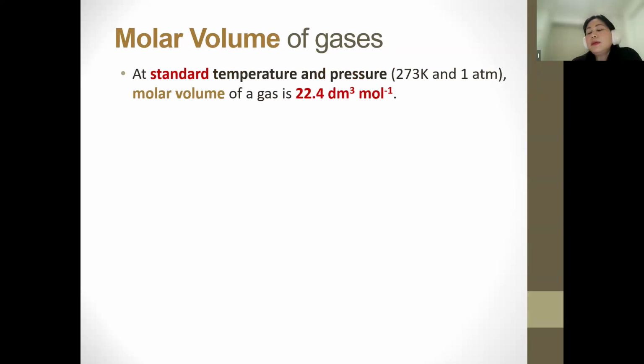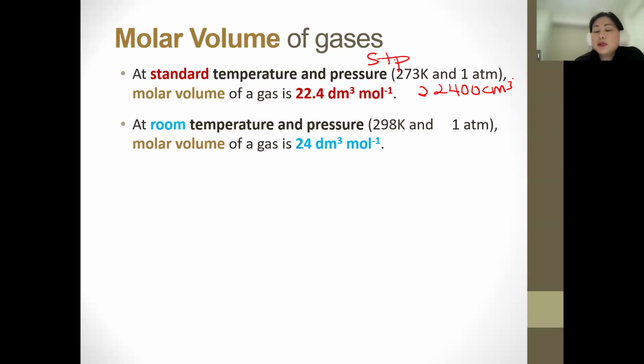At standard temperature and pressure, which refers to STP, the molar volume of the gas is 24 dm cube per mole of gas, or 22400 cm cube per mole of gas. This is at standard temperature and pressure, STP, which is 0 degrees Celsius and 1 atm. 0 degrees Celsius is 273 Kelvin.